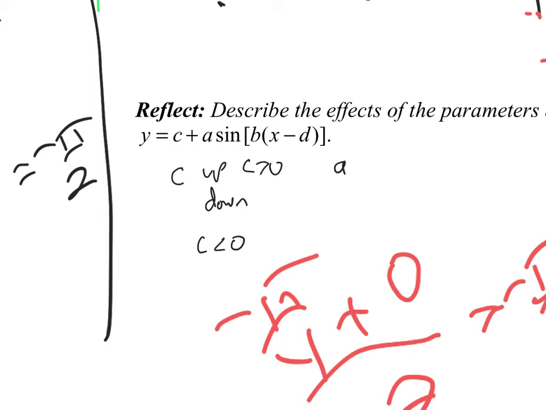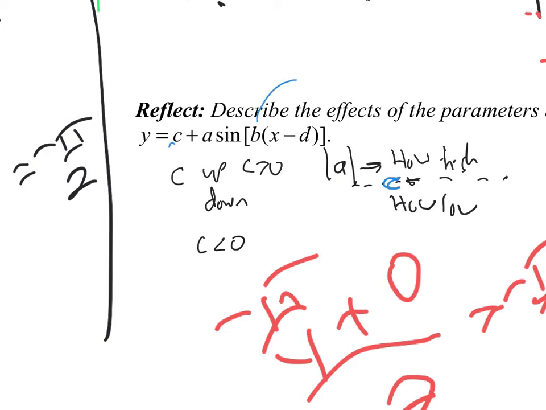A is the amplitude, so the absolute value of A tells you how high and at the same time how low it will go. An interesting thing about those two numbers: the middle between them is actually the same value as C. That's important.